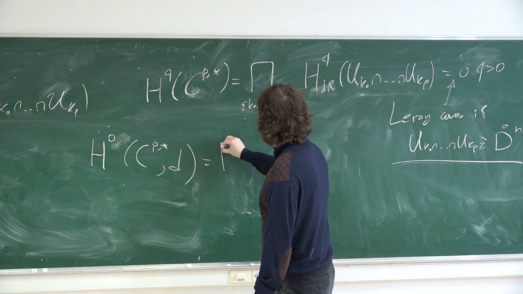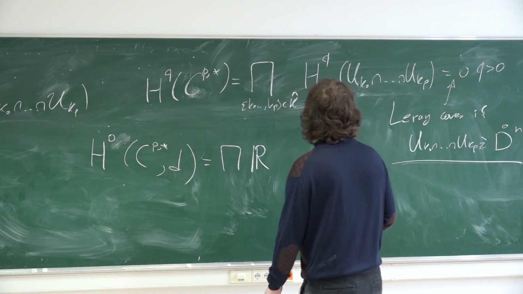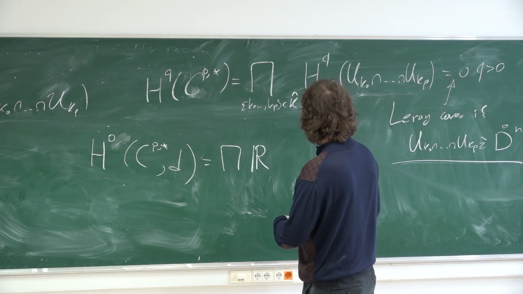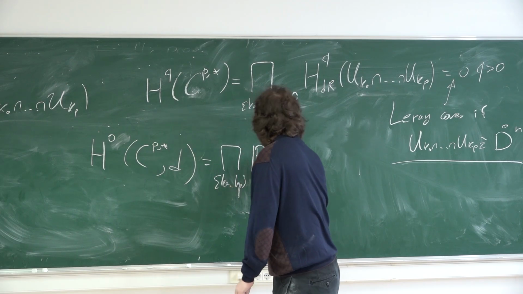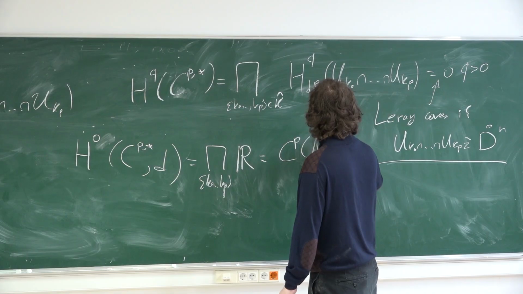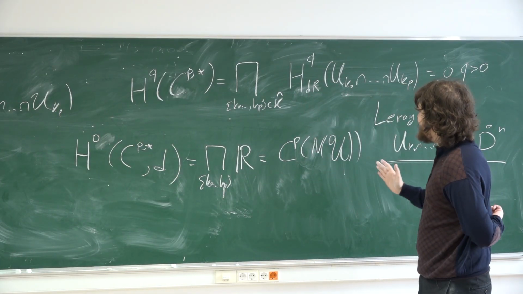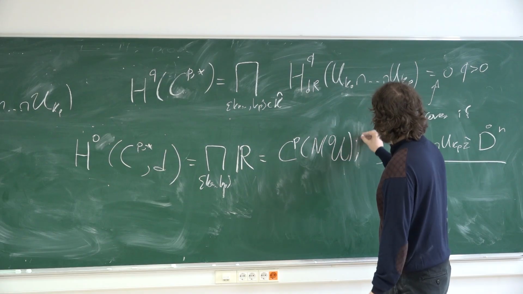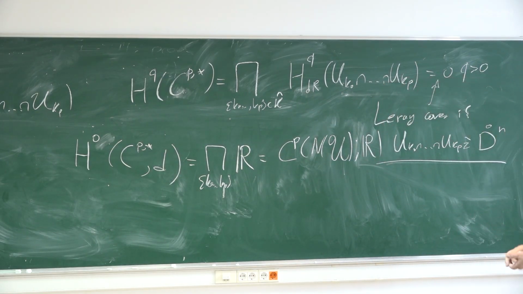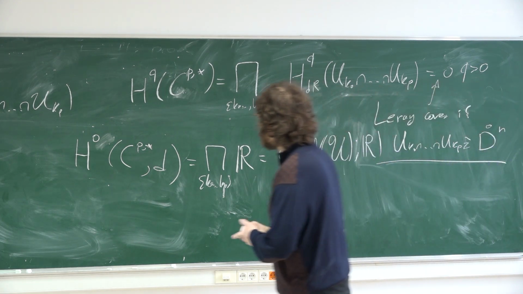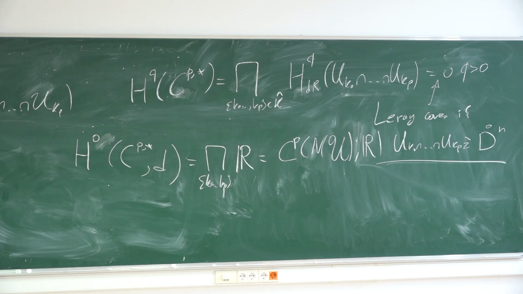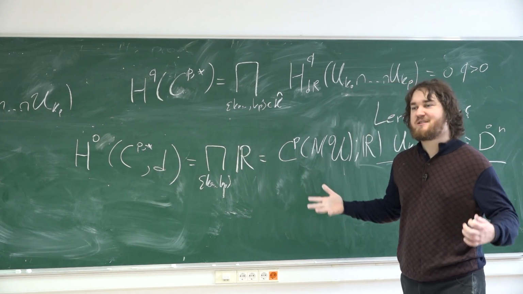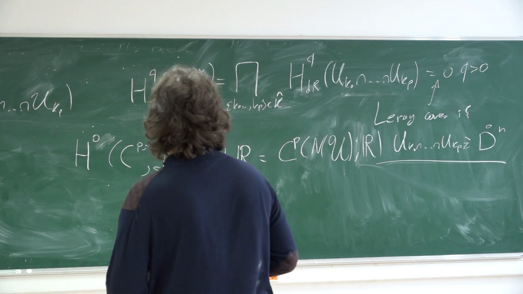And what is the zero cohomology? It's exactly over simplexes. It's just functions with constant values, because the zero cohomology of a ball is just R, and the Q cohomologies are 0.